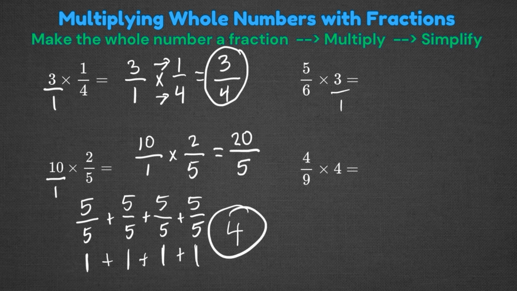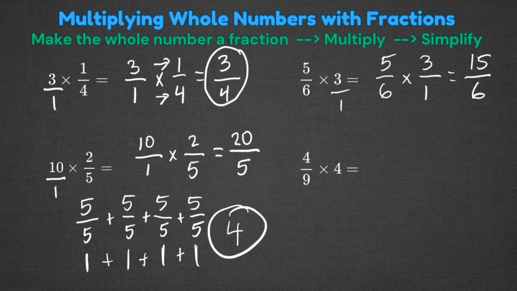Let's go up to this one. 5/6 times 3 over 1. Let's write that down. 15/6. And again, we have an improper fraction. So how many 6s do we have?